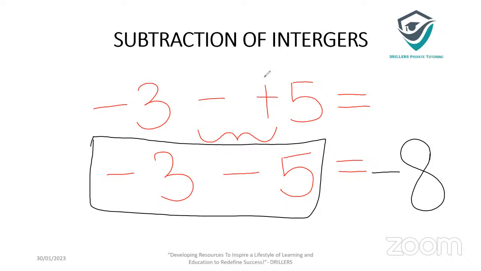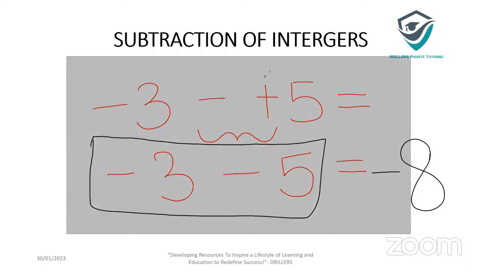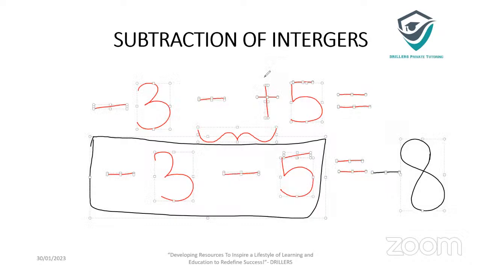Another way we can consider doing integer addition and subtraction is by use of a number line.